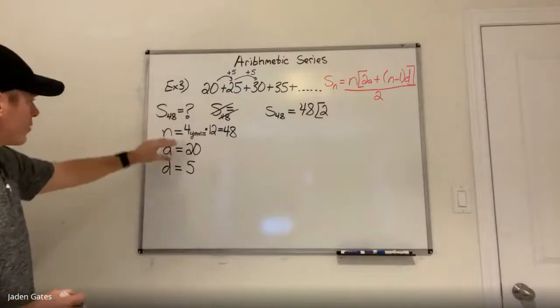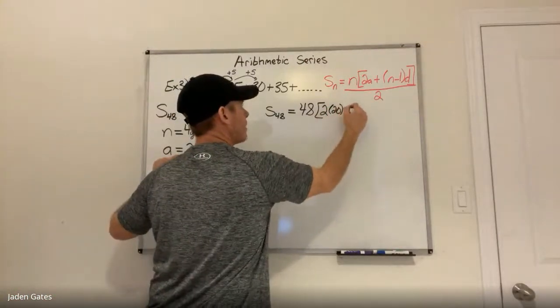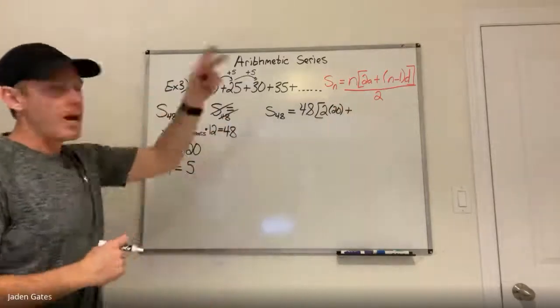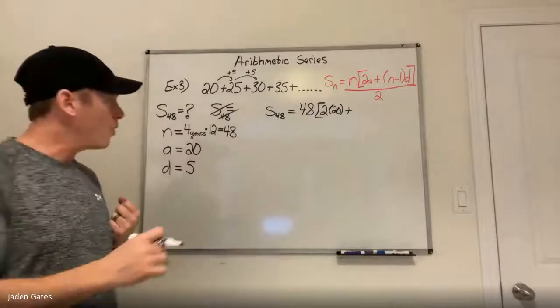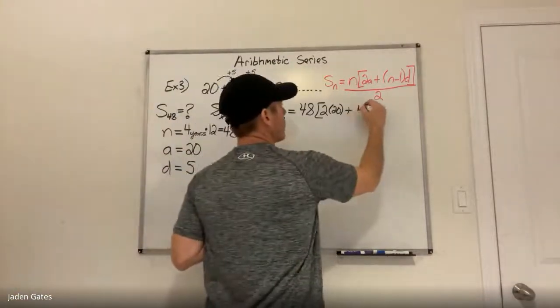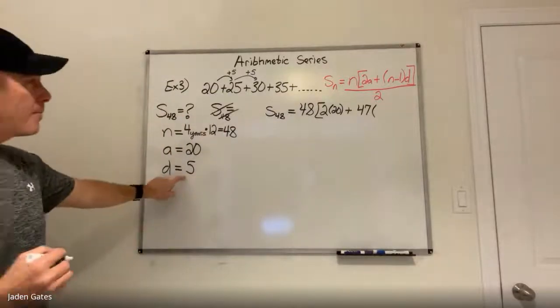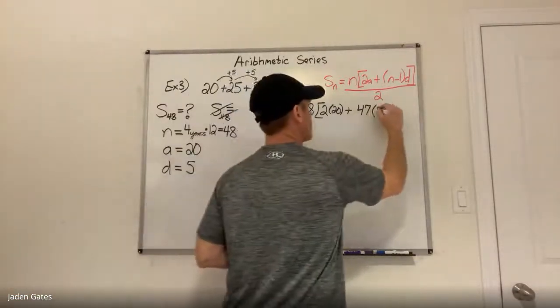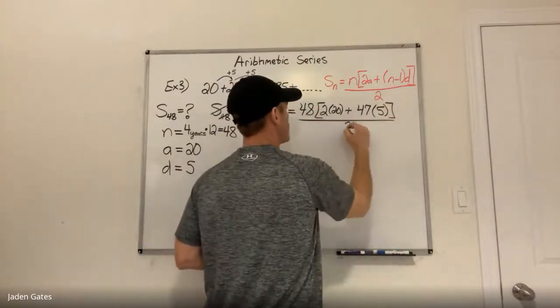This is why I always like to write down my givens. 2 times 20, plus, in the brackets, we have our N minus 1. Well, there are 48 payments, minus 1, so I'm going to have a 47 there. And our difference is that each time the payments are bumped up $5. And of course, can't forget the divided by 2.